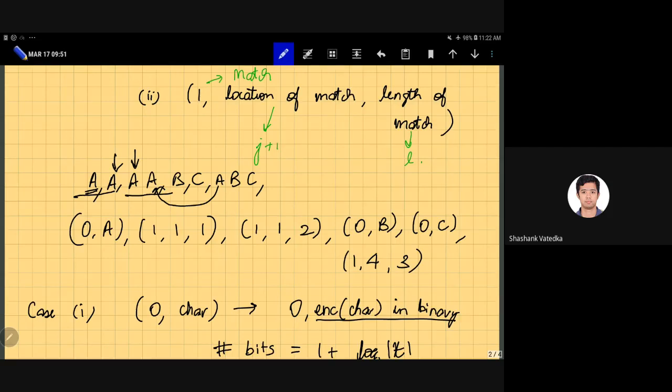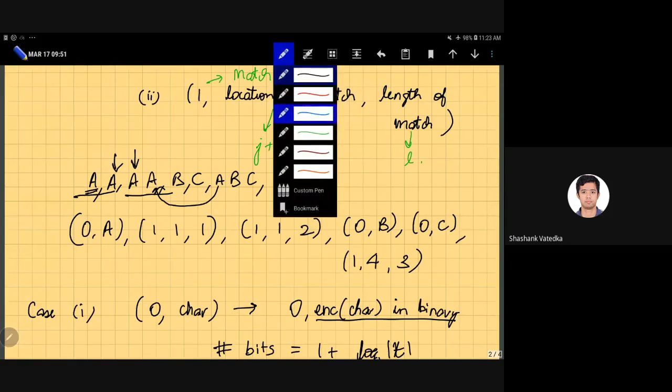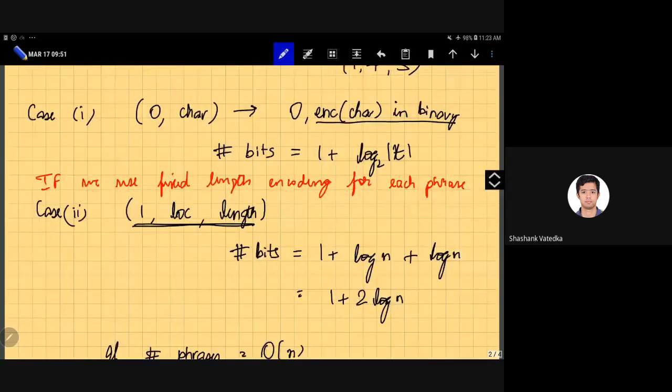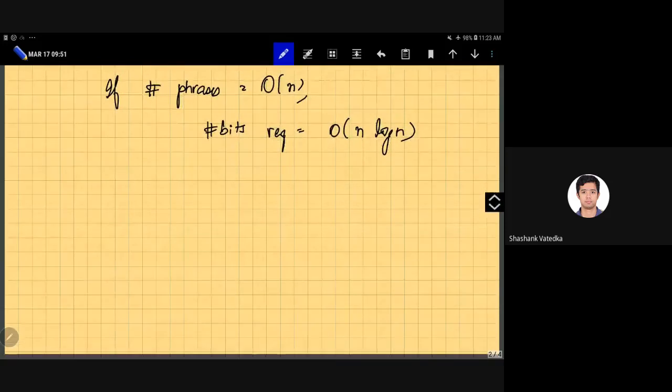So in principle, an alternative parsing into phrases could be the following. Let's say that I'm trying to parse the second phrase. Let me write it separately. Okay.